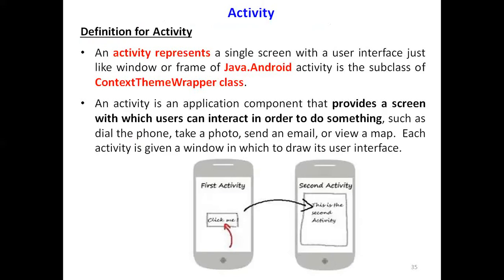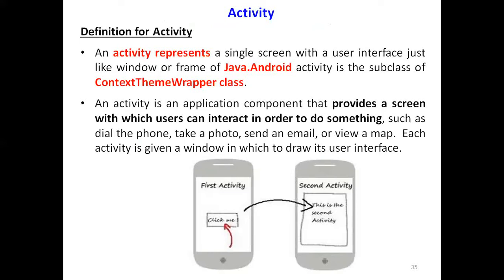So we all know activity, again I'm repeating. Activity is important in Android app development. It represents a single screen with a user interface, just like a window or frame in Java. Android activity is a subclass of the context theme wrapper class. A wrapper class is nothing but a class that contains multiple classes.